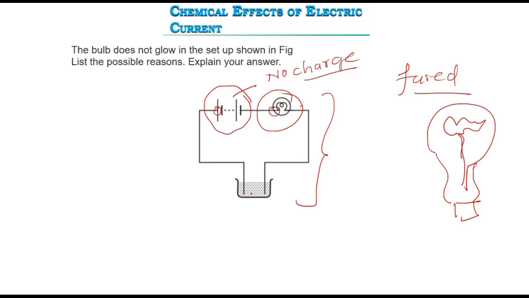Next is very important, which is connected to your chapter: this is not a good conductor of electricity. What I show now here is a solution. This solution may not be a conductor of electricity. That is an important reason. If it is not a conductor of electricity, then it will not allow the current to flow in this circuit.